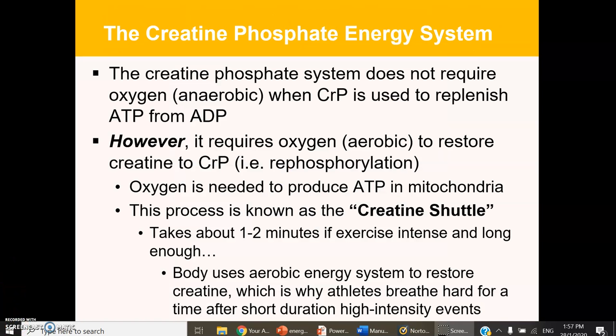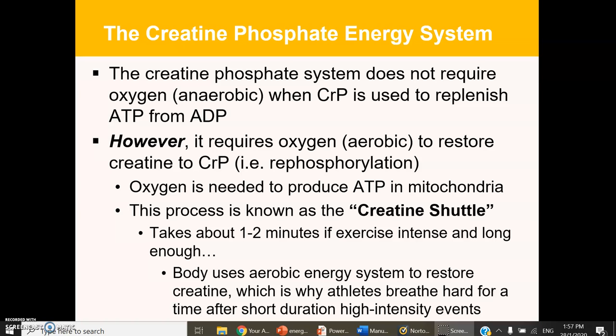As I mentioned previously, the creatine phosphate energy system doesn't require oxygen, so we call this system an anaerobic energy system, when the creatine phosphate is used to replenish ATP from ADP. However, it requires oxygen to restore creatine to creatine phosphate, during the phosphorylation process, where the oxygen is needed to produce ATP in mitochondria.